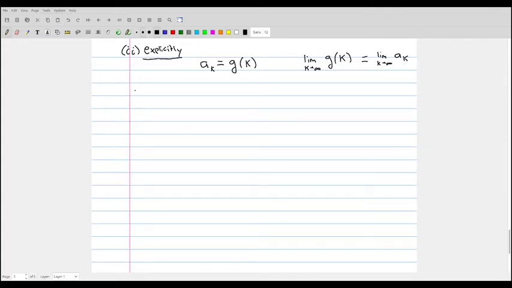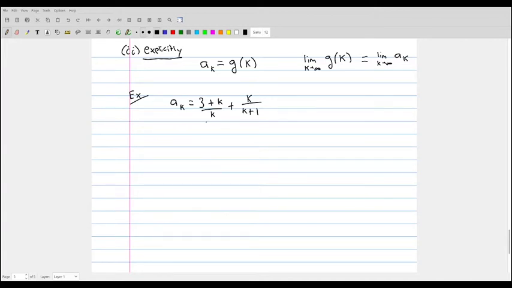So for example, the sequence a_k is equal to (3 plus k) divided by k, plus k over k plus 1.